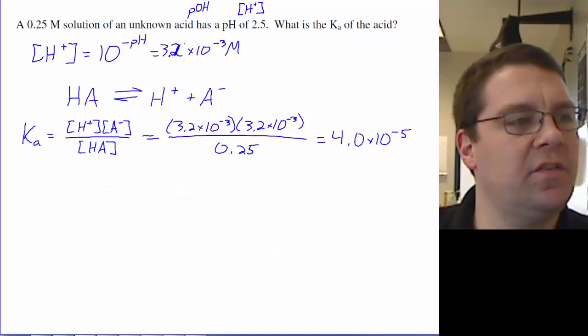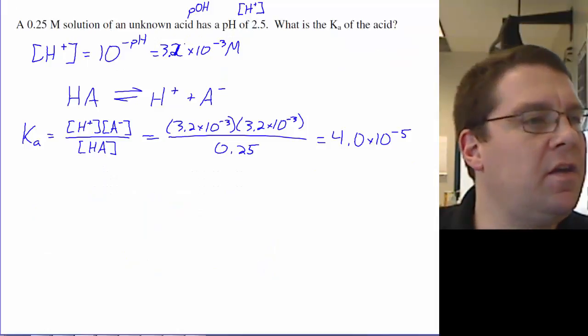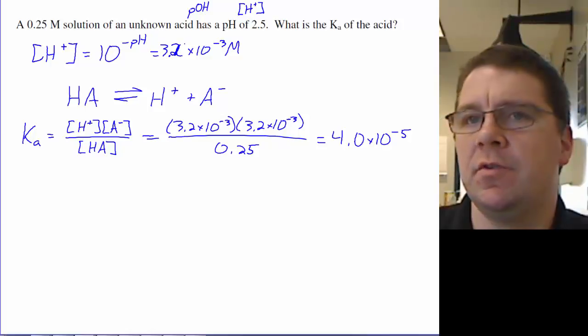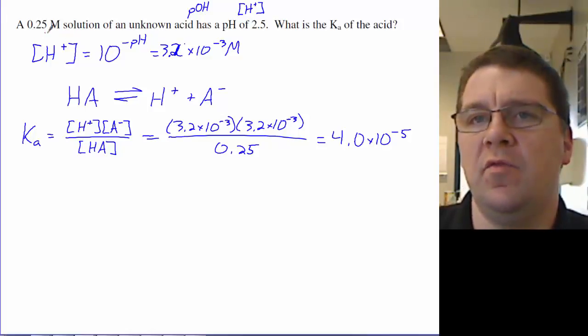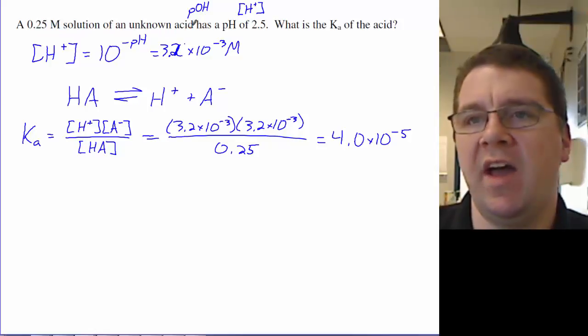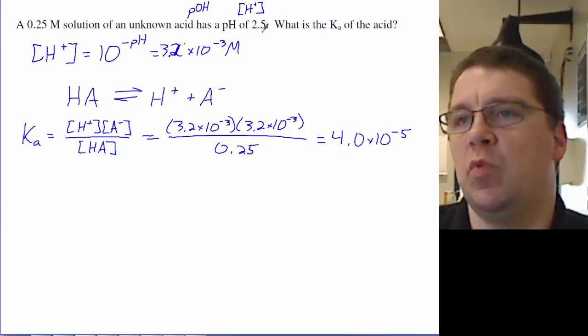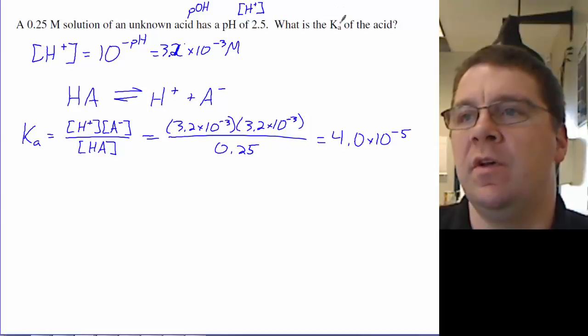Question 6, how to find the Ka using the pH. So if we are given 0.25 molar of an unknown acid, doesn't really matter what the acid is, but it's got a pH of 2.5, what's the Ka? So we know that for Ka, we either need to know the Kb or we need to know the hydrogen ion concentration.